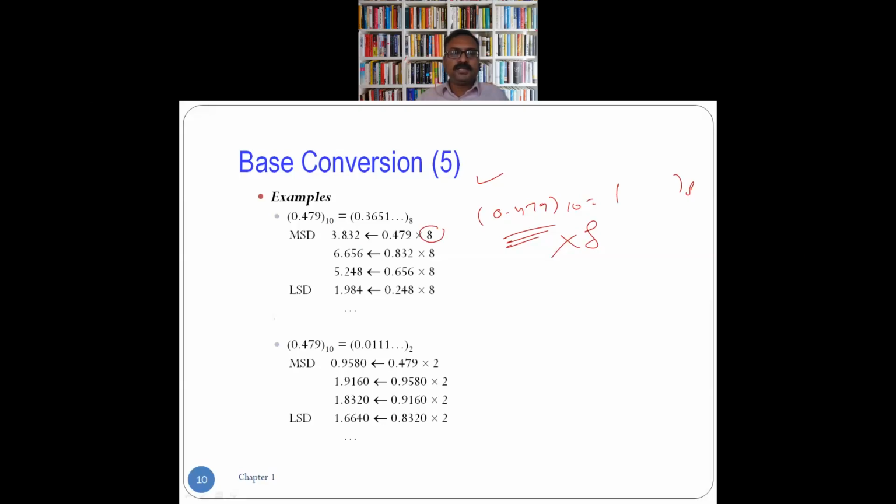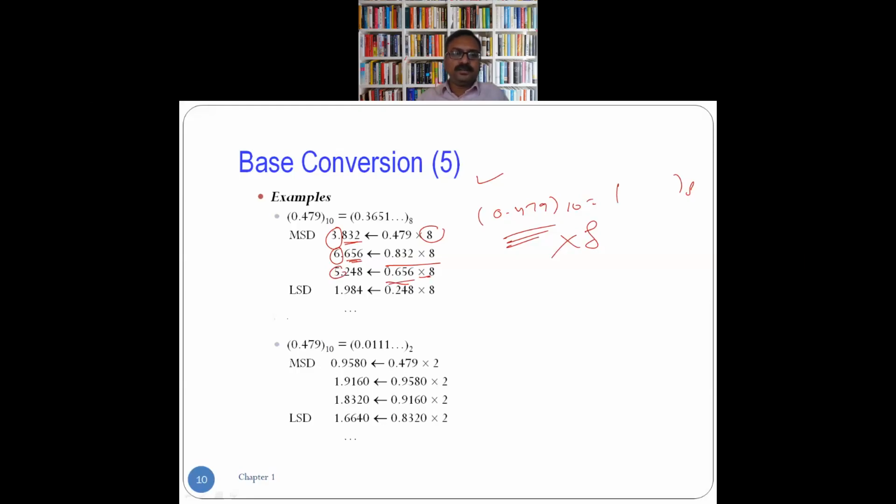You will get 3.832. You take the 3 as the most significant digit, and what remains is 0.832. Again multiply this by 8, you will get 6.656. You take the carry 6, and multiply 0.656 by 8 again, you will get 5.2.